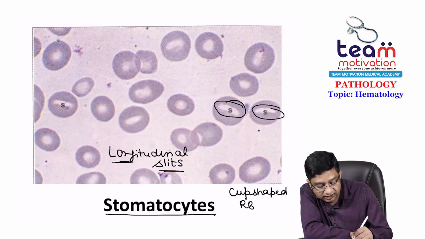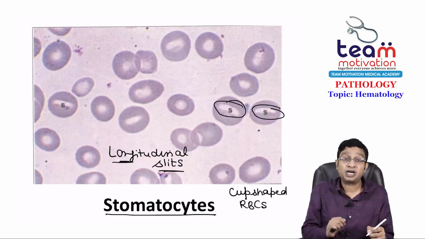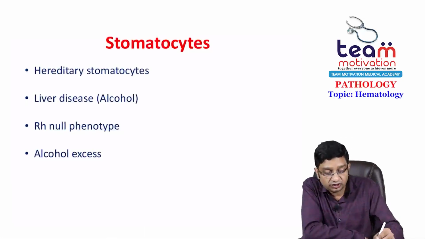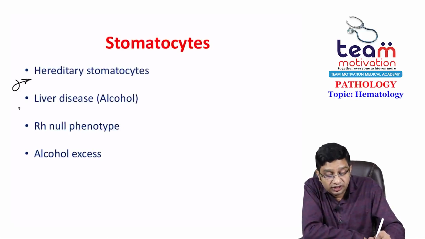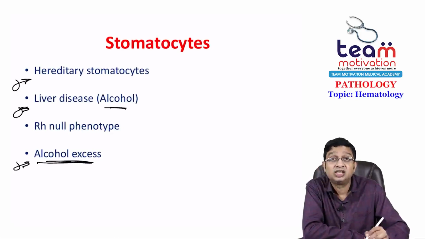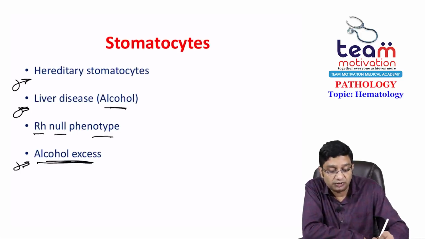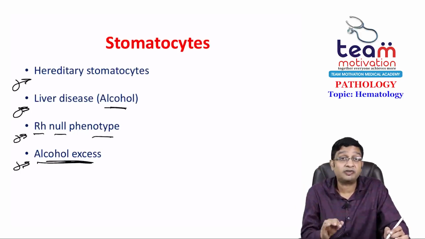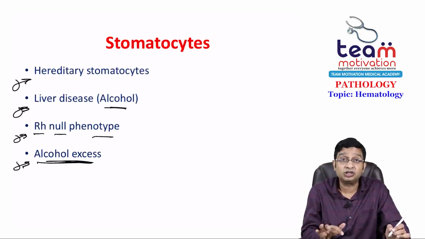They are also called cup-shaped RBCs. Where can they be seen? Just like hereditary spherocytosis, they can be seen in hereditary stomatocytosis, liver disease, which can be due to alcohol, so also in alcohol excess, and in the Rh null phenotype. You just need to identify these as stomatocytes.